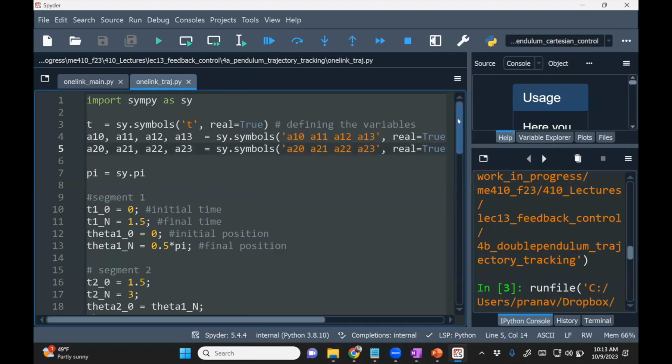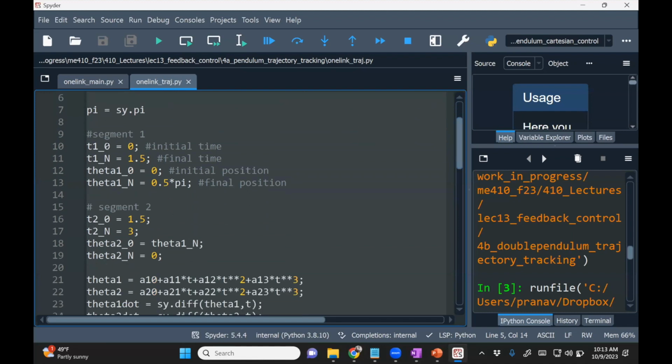Here, what I show you is you can do the entire thing of symbolically generating the trajectory without writing a single line on paper. There are two trajectories, so each of them has its own A's. The times are given here. The starting and end angles are given for the first one, and for the second segment.